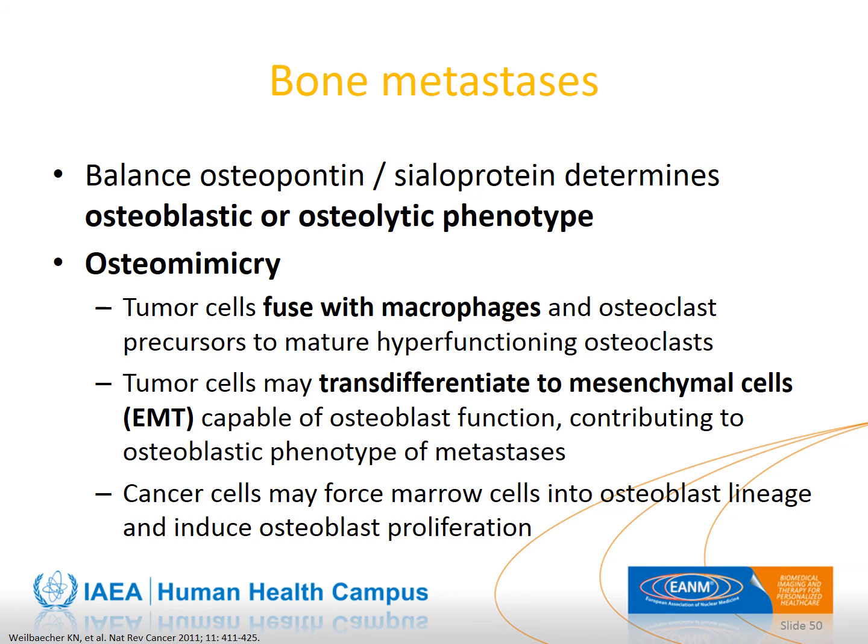But also through a process known as epithelial mesenchymal transition, or EMT, tumor cells can transdifferentiate to mesenchymal cells capable of osteoblast function, contributing to the osteoblastic phenotype of metastases. Finally, cancer cells may force marrow cells into the osteoblast lineage and induce osteoblast proliferation.